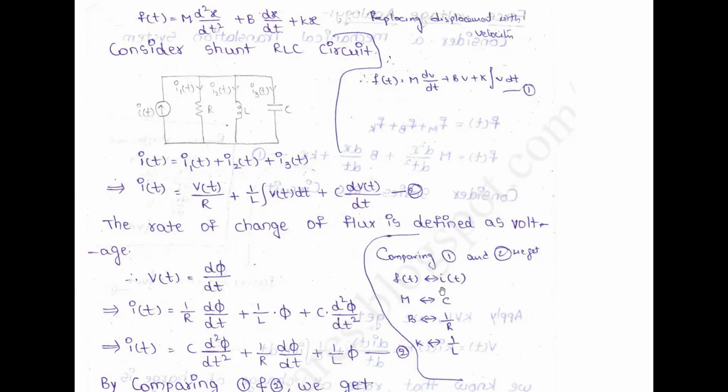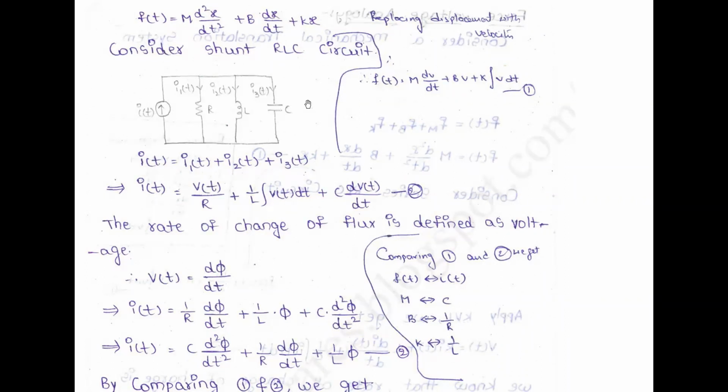In the force current analogy, the mass element and K element are interchanged. So mass is capacitance, K is inductance, B is the same resistance. So mass element is capacitor, K element is inductor, R element is resistor.